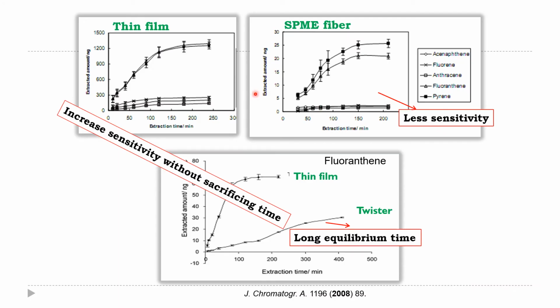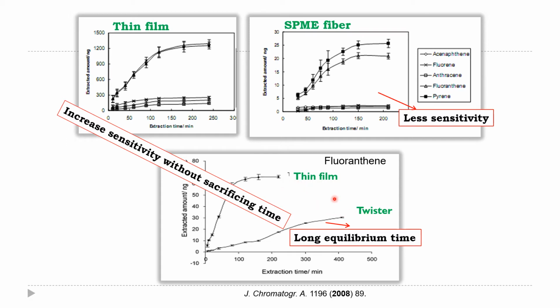And as I was mentioning, if you look at the kinetic profile of SPME extraction versus thin film, they're basically identical. The equilibration is about the same, but the amount extracted is about 50 times higher, which corresponds to the phase ratio of the extraction phase. Now, if you compare, for example, thin film to the Twister, which is based on increasing the thickness of the extraction phase, you of course see that the thin film is substantially faster.